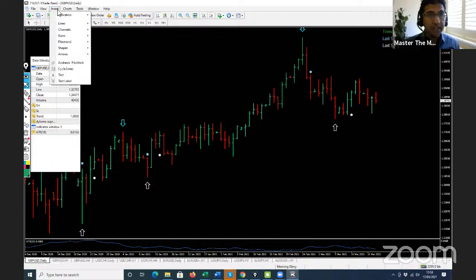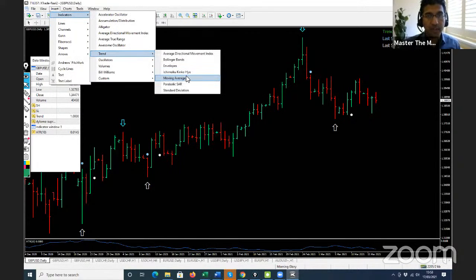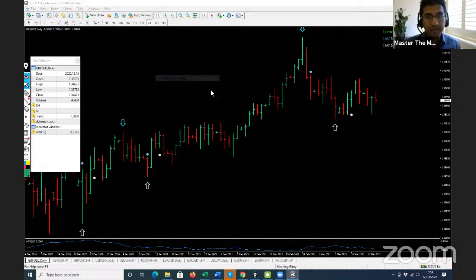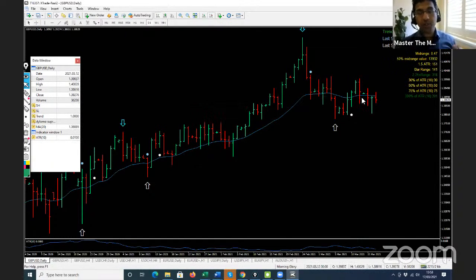If I were to insert this indicator, let's put that in here. Here you've got the moving average, and we put it at 20. There you go. It draws that for you, but that's how the calculation is made.